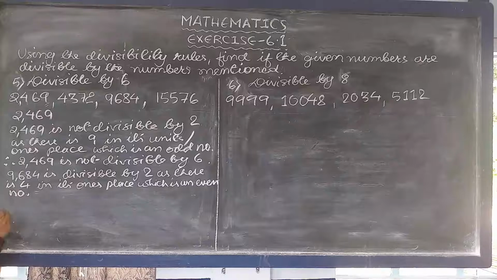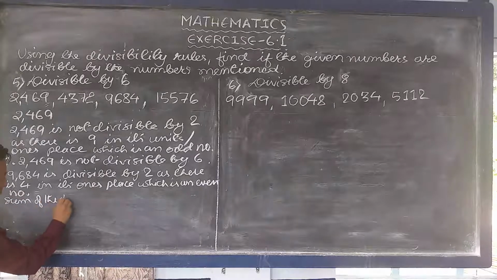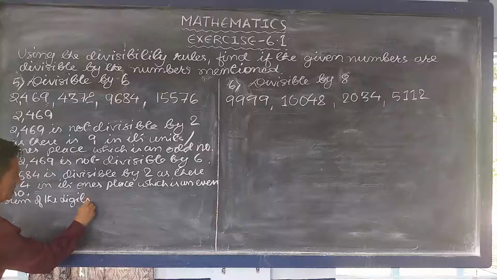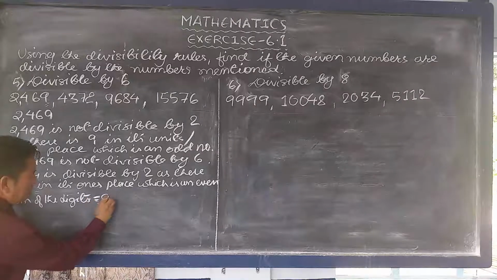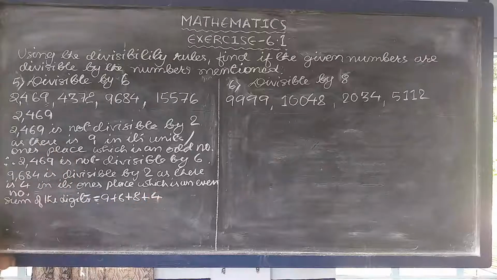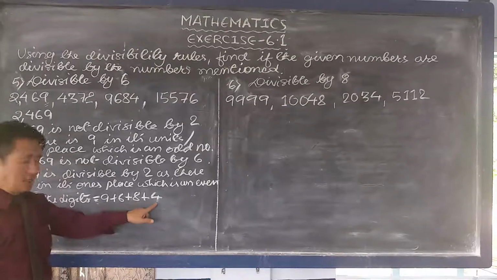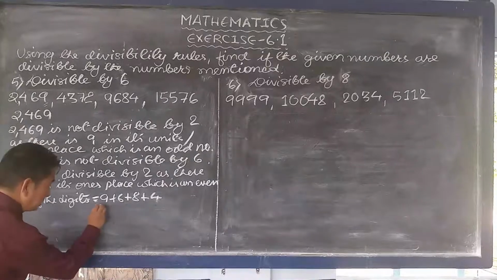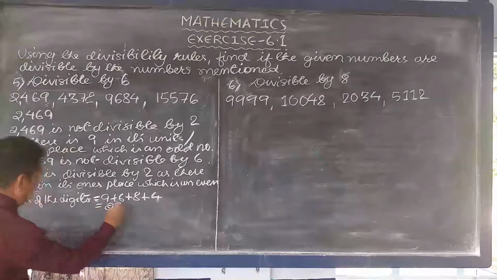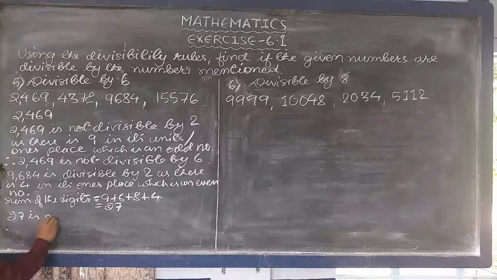Sum of the digits, 9 plus 6 plus 8 plus 4. 9 plus 6, 15, 15 plus 8, 23, 23 plus 4, 27.